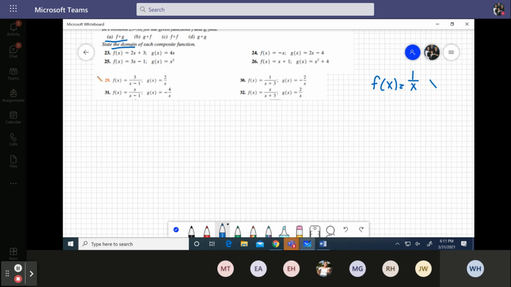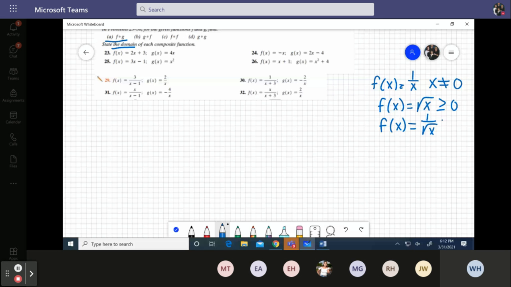X cannot equal 0. If I have f of x is equal to the square root of x, x has to be greater than or equal to 0. In other words, positive. If I have f of x is equal to 1 over the square root of x, then x has to be just greater than 0, right? Because we can't have a 0 in that denominator.